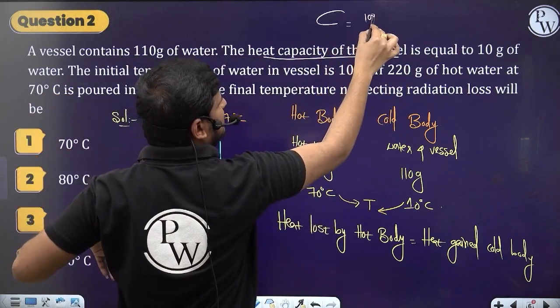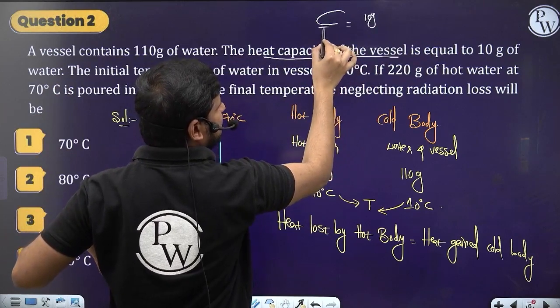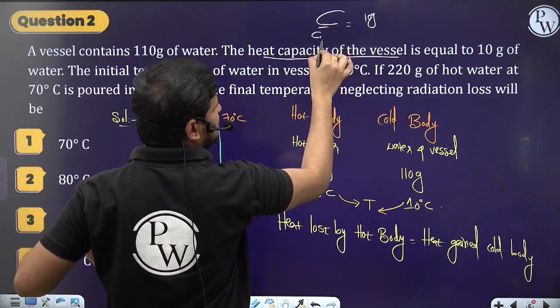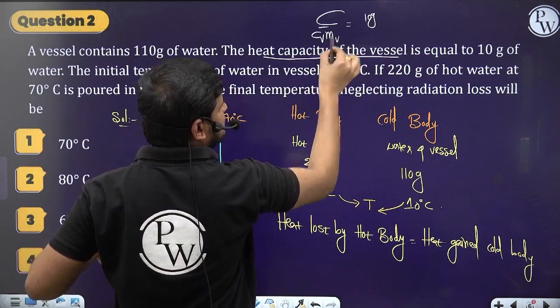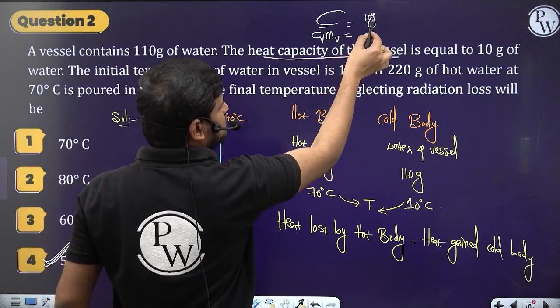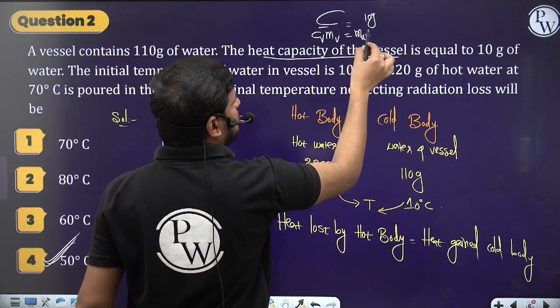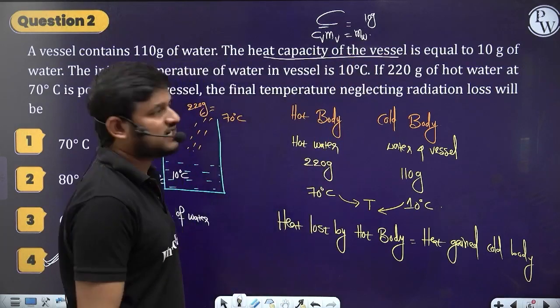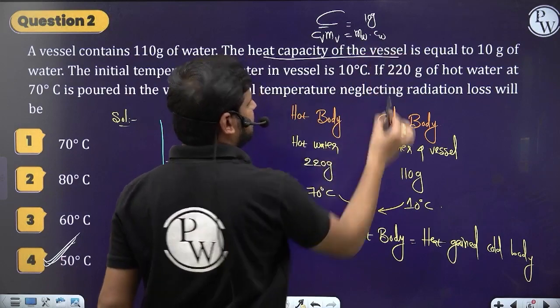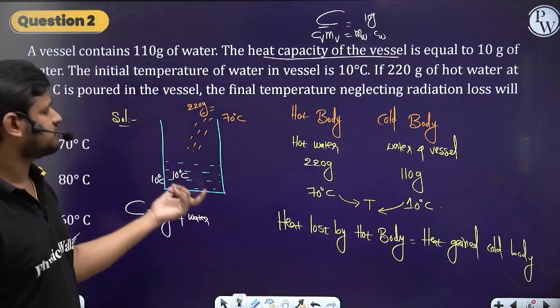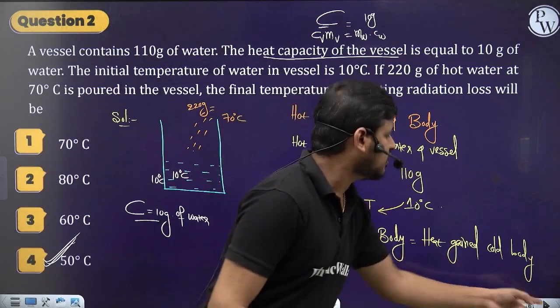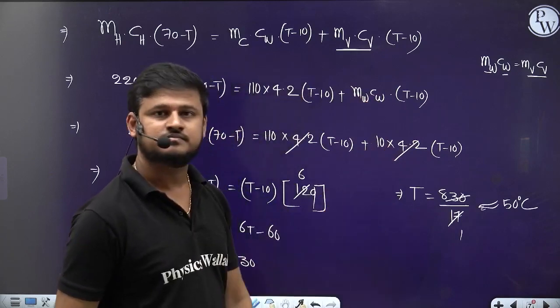What is the heat capacity of the vessel? CVMV is equal to 10 grams of water, which is nothing but the water equivalent, that is MWCW. That's it. So this point you have to substitute here.